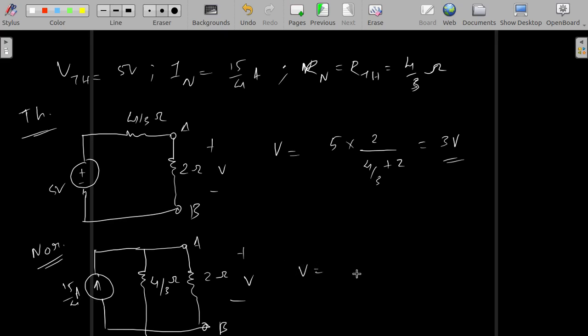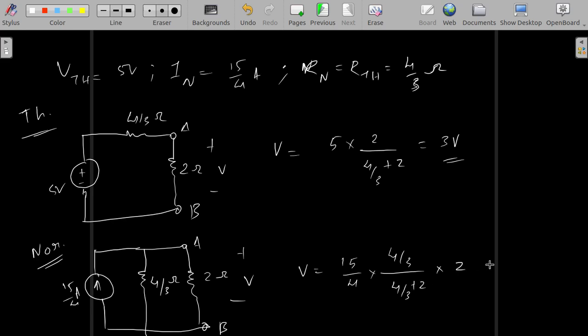So V equal to, we have the current going through 2 will be 15 by 4 into 4 by 3 by 4 by 3 plus 2, that into 2, right? Total current division, current into resistance equal to voltage, right?